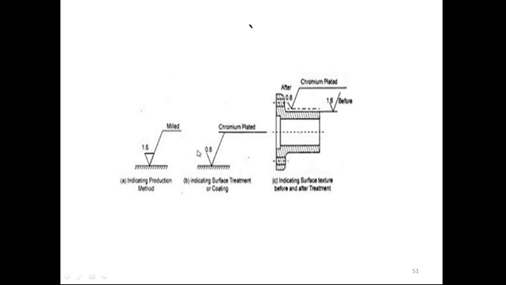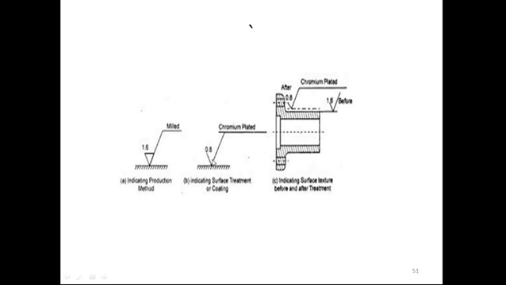Next, here we are indicating surface treatment, some kind of surface treatment we want. Suppose on this surface we want chromium plating.